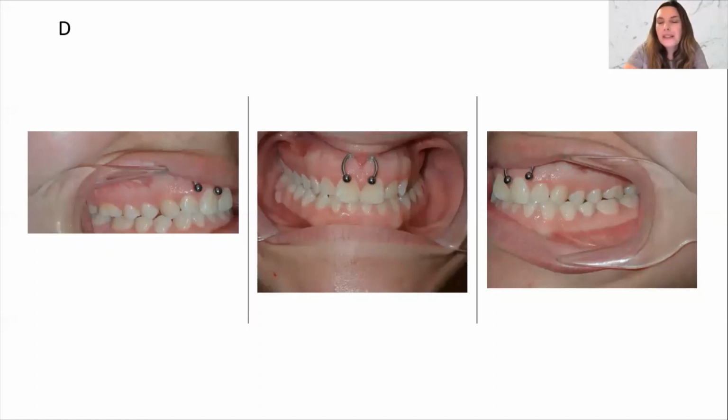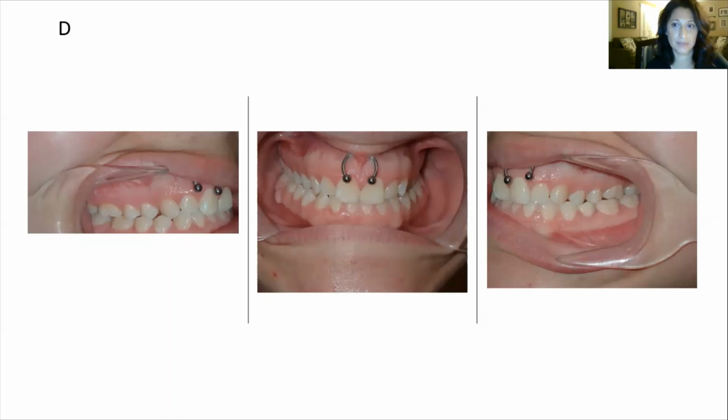And then moving on to the left side, does anyone have a guess on what that would be? Class 2. Okay, anyone else? Any good guesses? Class 1. Yes, perfect. This is a class 1. In this case, we have a 3 on one side and a 1 on the other.